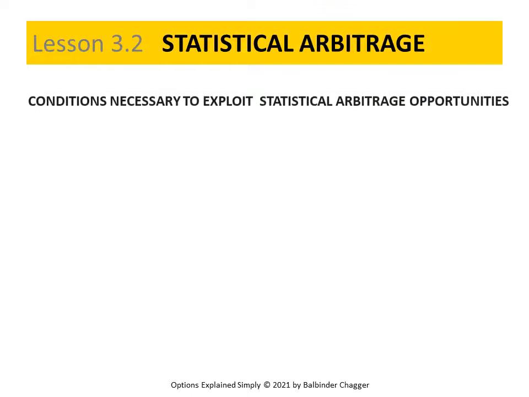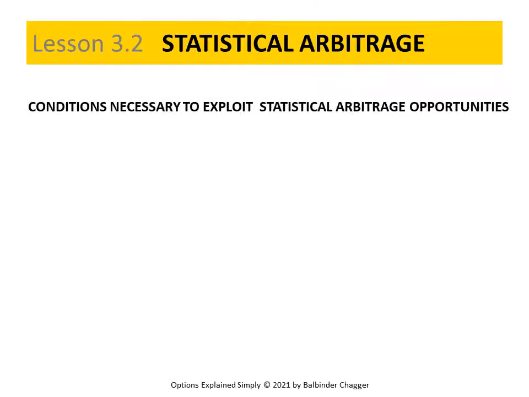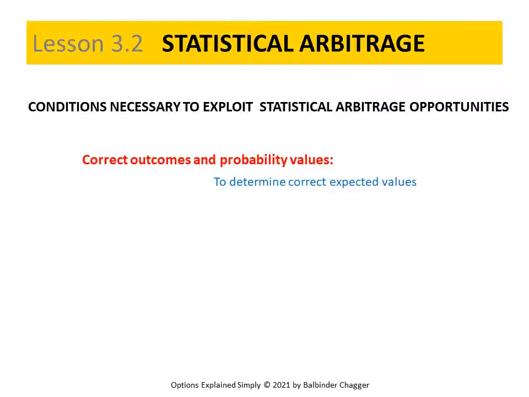To take advantage of statistical arbitrage opportunities, the following three conditions are necessary. Correct outcomes and probability values. They're needed to determine correct expected values. In this very simple die game example, it's possible to determine the outcomes and their probabilities absolutely, because everything about the game is known and understood fully.